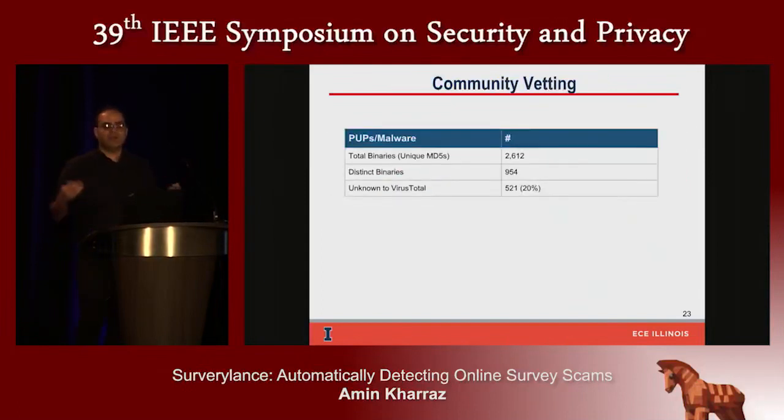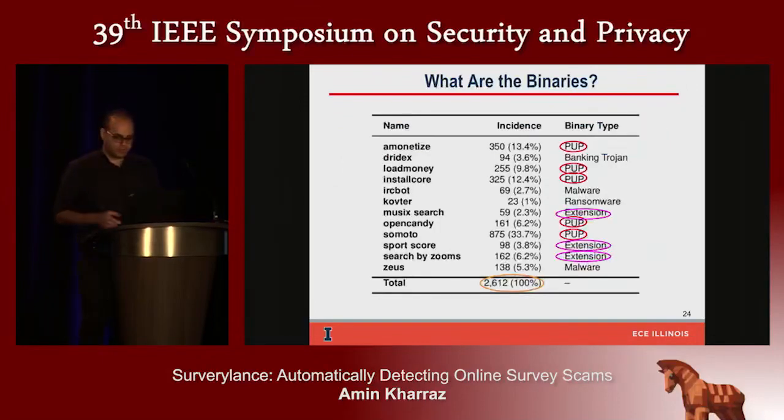We performed some analysis on the binaries that we collected, for example, community vetting, and we found 20% of the samples that we collected during our analysis were actually new, and VirusTotal did not have. It was the first time that they were submitted to VirusTotal.